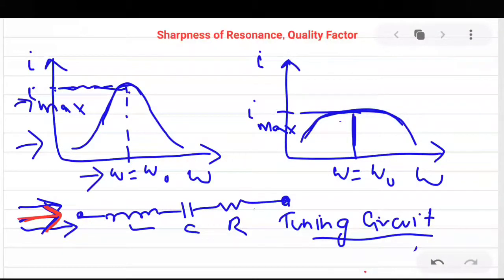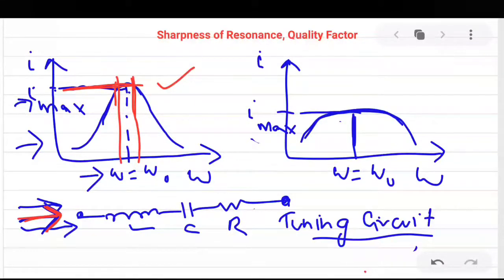Each channel will have a different frequency. Now see, for this particular graph, for a very narrow range of frequency, the current is maximum.